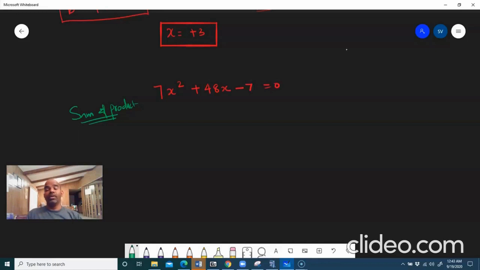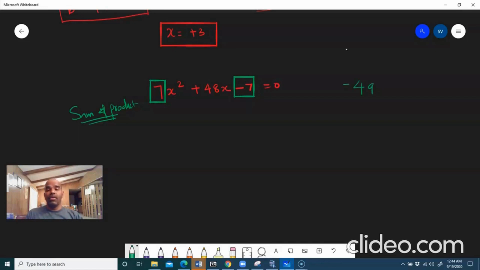The coefficient of x square term is 7. That is not equal to 1. Go ahead and multiply this first coefficient and the constant term. What is the product of this coefficient and the constant term? 7 times 7 is 49. This is negative, so negative 49.